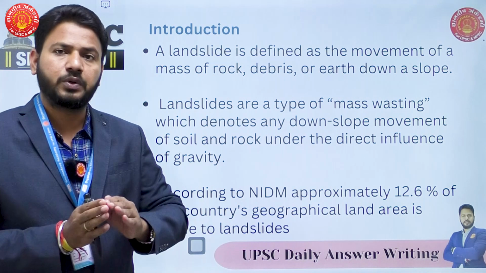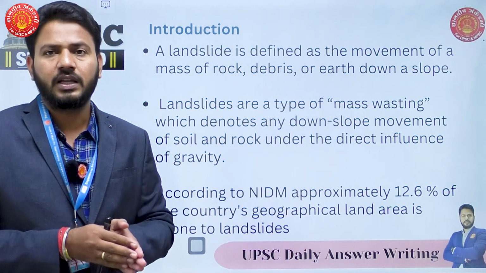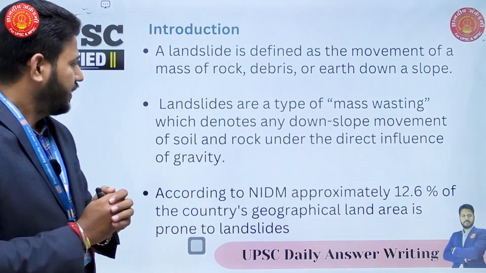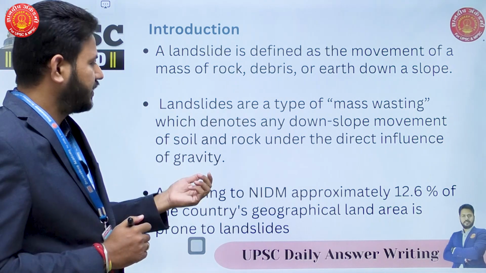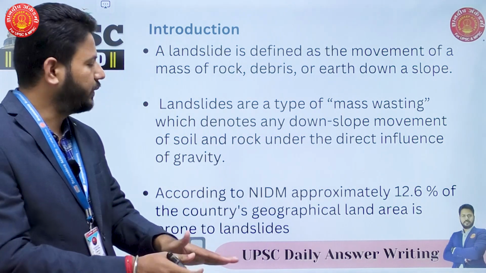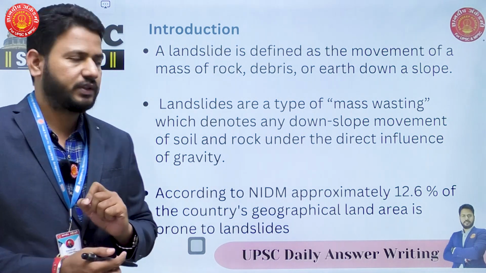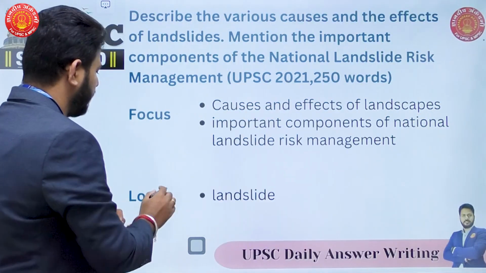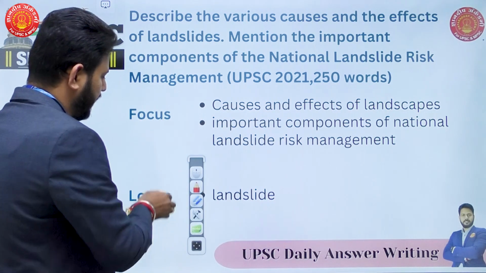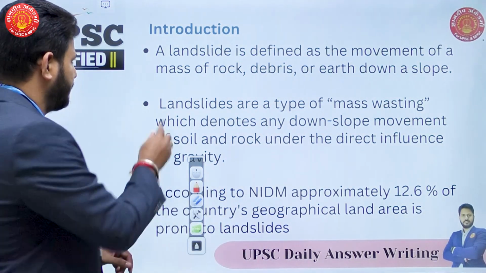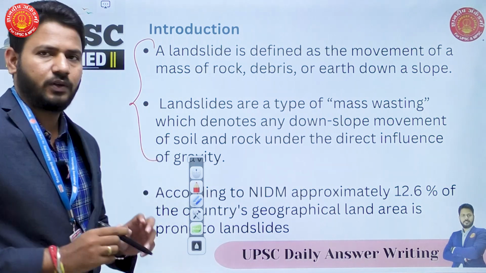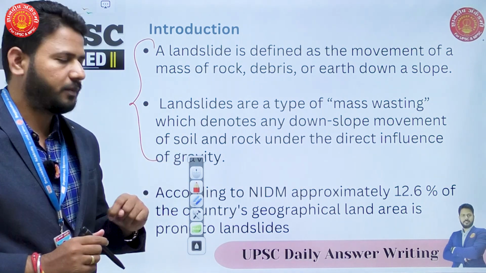There will be some component from geography in disaster management, but keep it very limited. Landslides are a type of mass wasting which denotes any downslope movement of soil and rock under the direct influence of gravity. So this is a geographic part that you'll have to write in disaster management, because for all the disasters that you'll write about, some geographic aspect will be there.